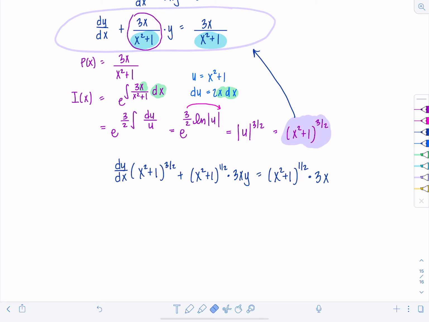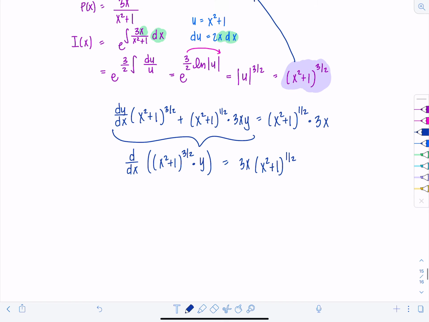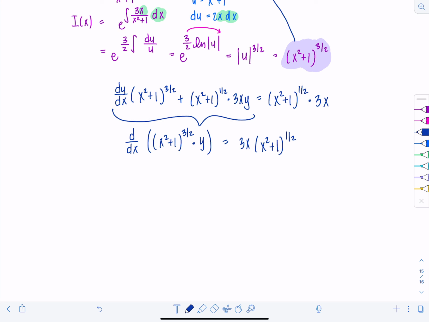Now let's make sure this left-hand side better be the derivative with respect to x of I of x. So x squared plus 1 to the 3/2 times y. And then I'll just rewrite. The right-hand side is 3x times x squared plus 1 to the 1/2. Let's see. Is it true?